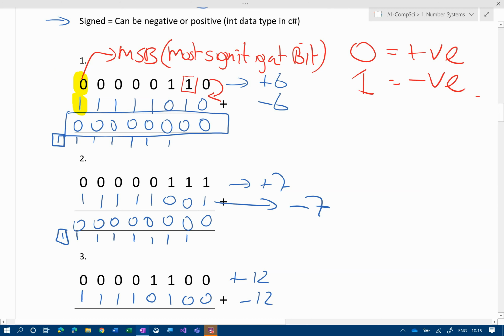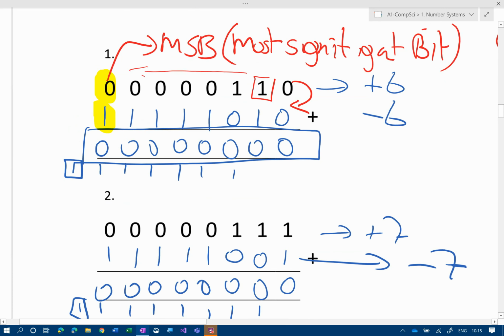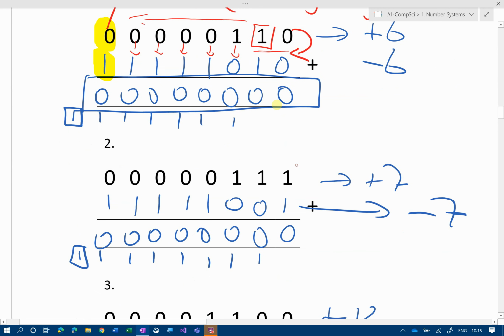Then everything to its left is flipped. So everything up to and including the rightmost one bit is the same. These 2 bits here are the same, but then I flip that 1 to become a 0, that 0 to become a 1 afterwards.